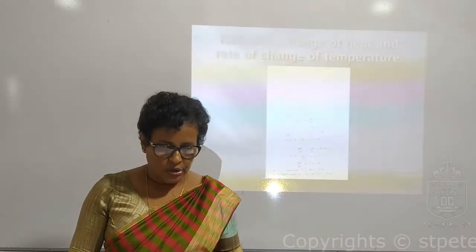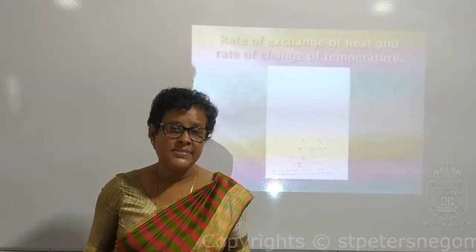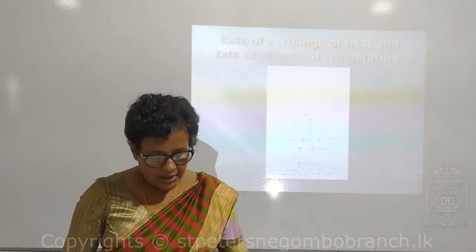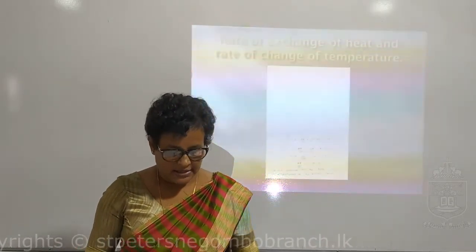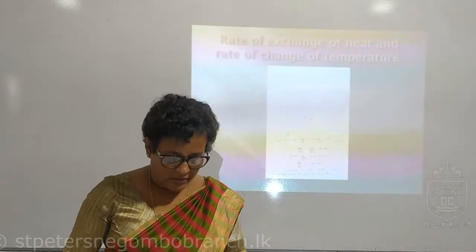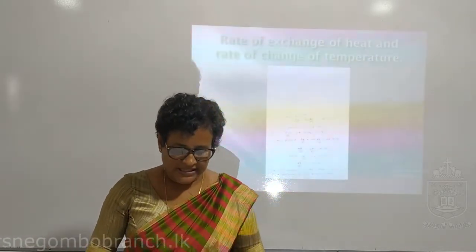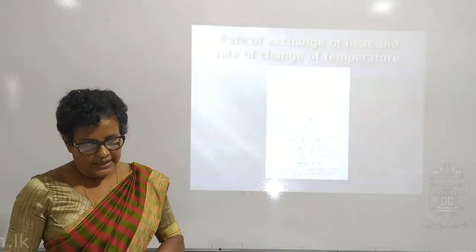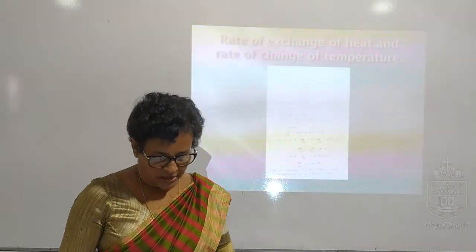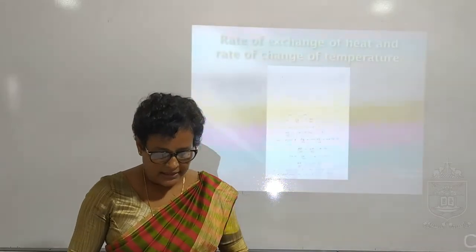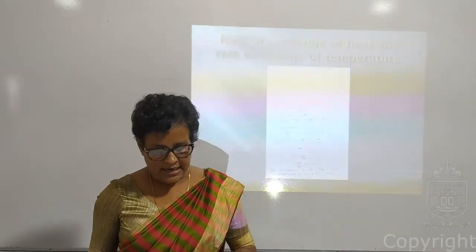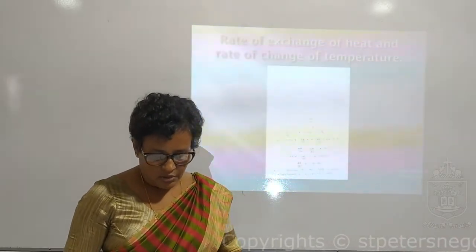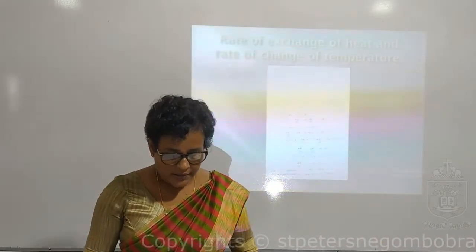Now, we know the equation delta Q equals m c delta theta, right? Q equals m c theta, okay? So, if you divide this by delta t, you will get delta Q divided by delta t equals m c delta theta divided by delta t. So, equation A. Then, from Newton's cooling law, you know delta Q over delta t equals k a (theta minus theta R), where theta R is the room temperature, the surroundings, right?